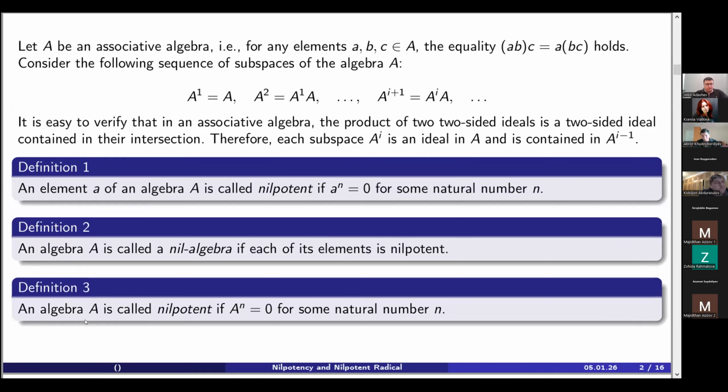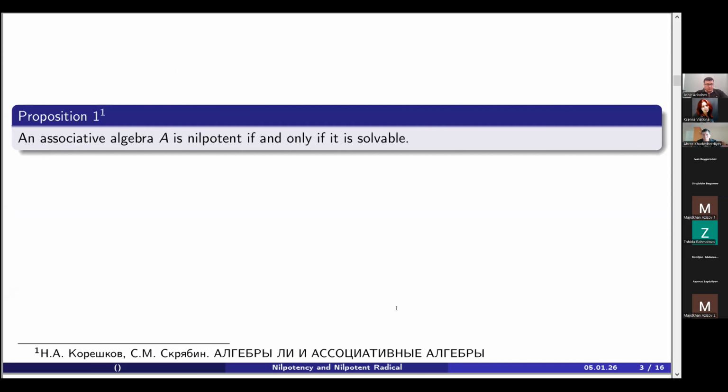Definition 3: an algebra A is called nilpotent if A to the power of n is equal to 0 for some natural number n. Proposition 1: an associative algebra A is nilpotent if and only if it is solvable.